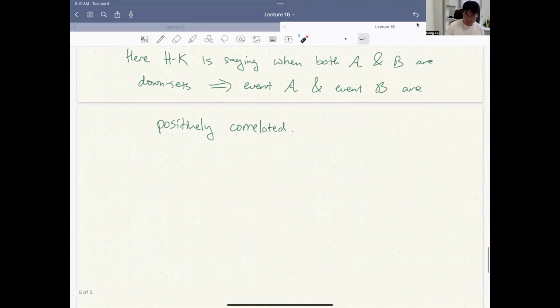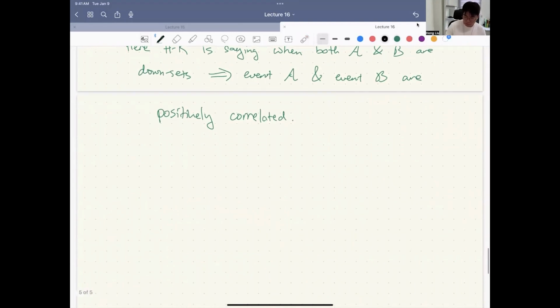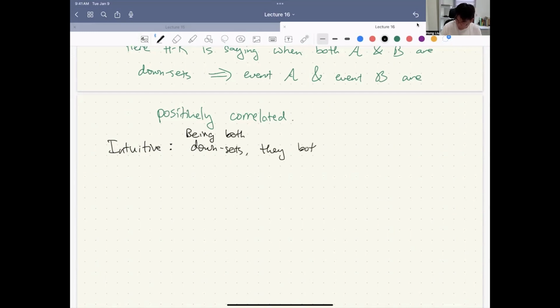All right. This is intuitive because, being both downsets, they both favor smaller sets.